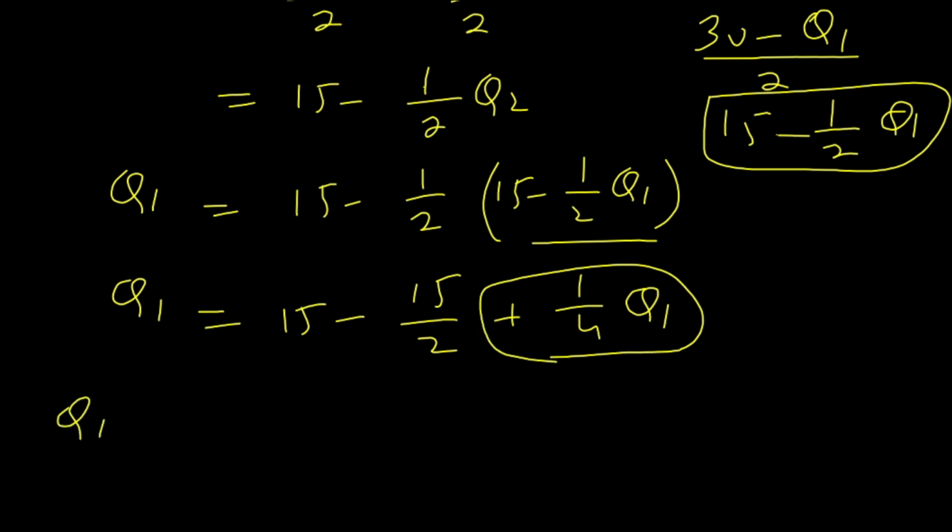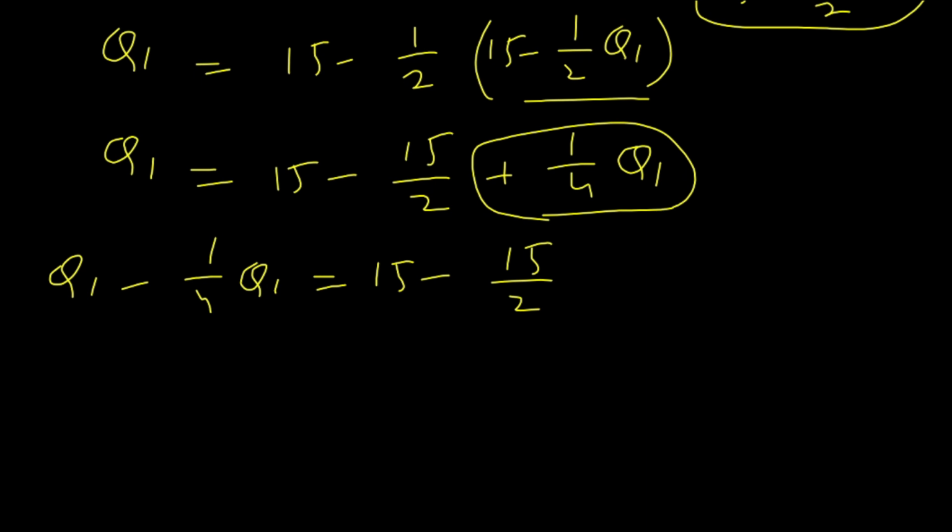So Q1 minus 1 over 4 Q1 is equal to 15 minus 15 over 2, and we can further solve it as 3 by 4 Q1 is equal to 15 minus 15 by 2.